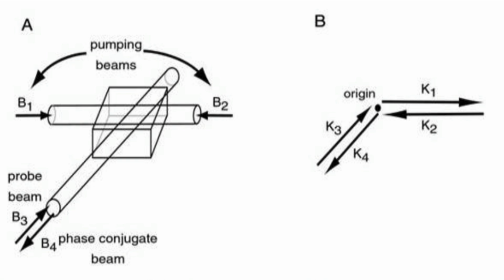Figure 4b shows the wave vector diagram showing how if K1 plus K2 equals 0, then K3 plus K4 must also equal 0 no matter what angle the probe beam enters the mirror, and thus beam 4 must be the phase conjugate of beam 3.